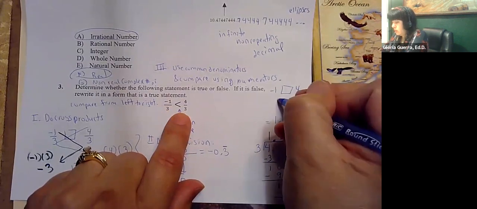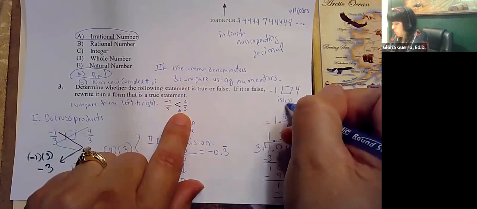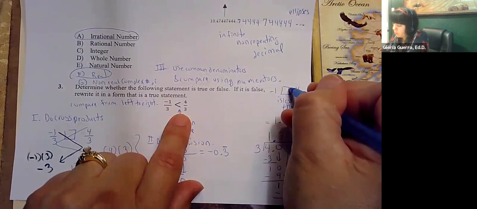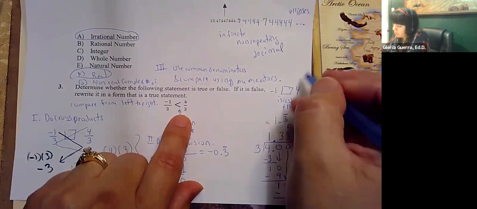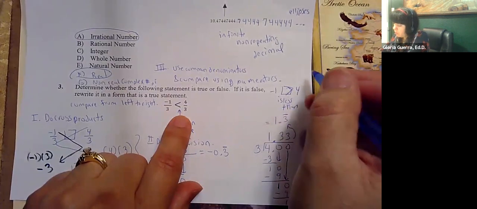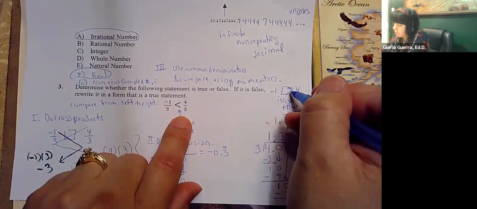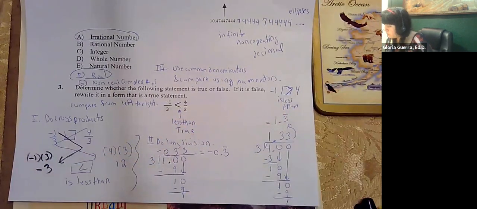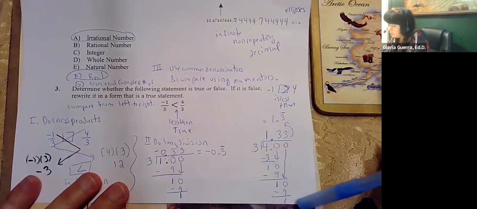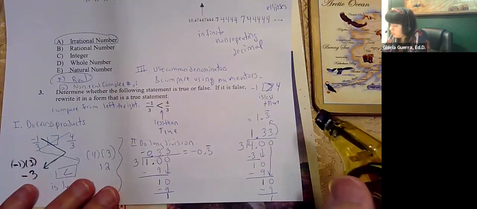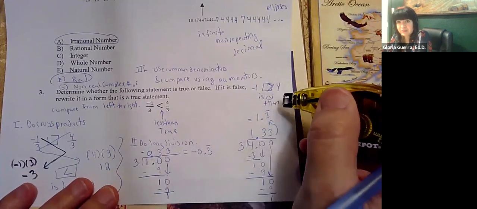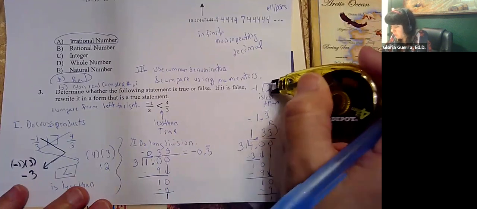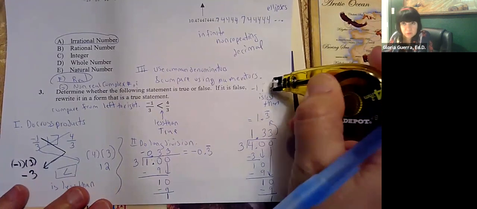Well, -1 is less than 4, but I didn't write the right symbol because I think I was dozing off.